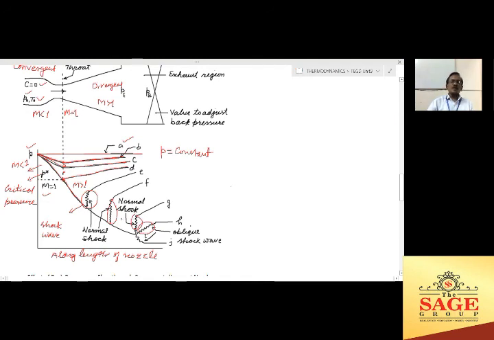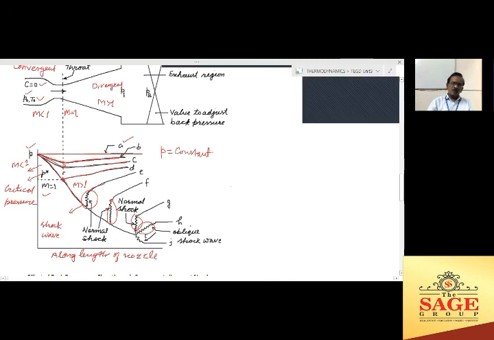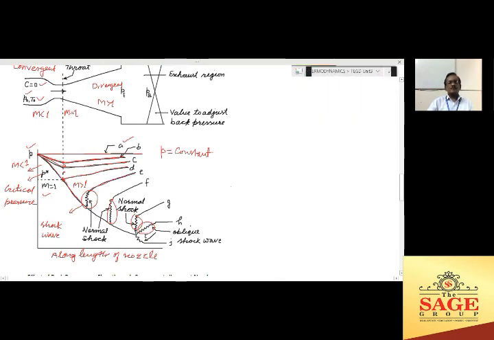But what is the effect of the formation of this normal shock wave? You can see beyond this normal shock wave, this curve shows that the pressure is increasing in the divergent portion.